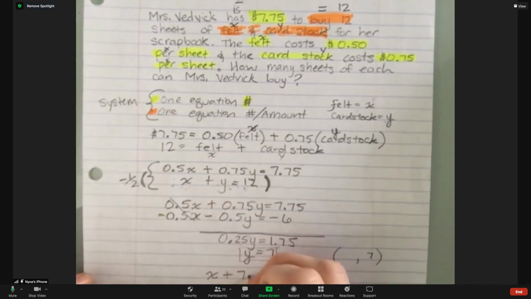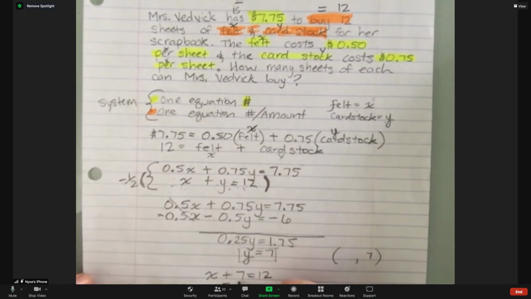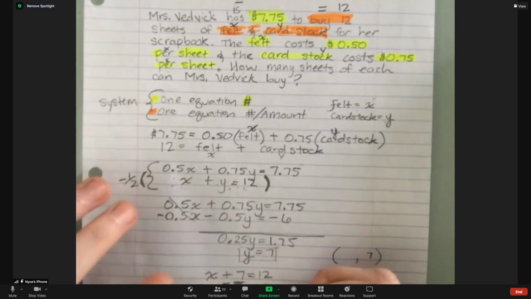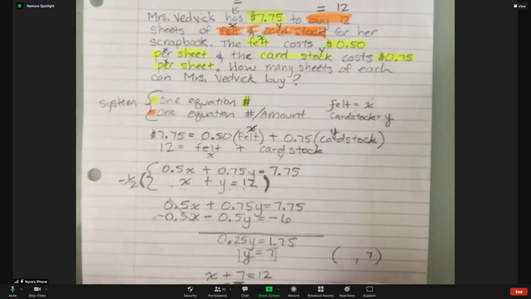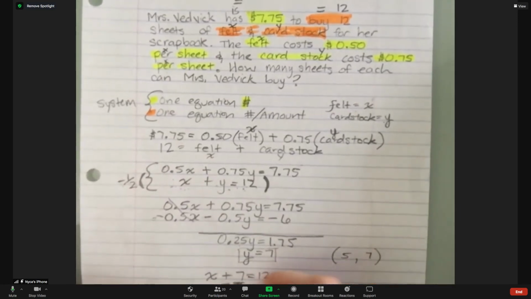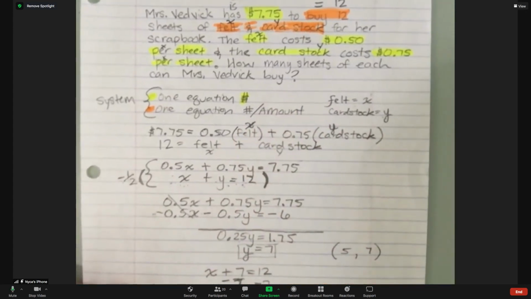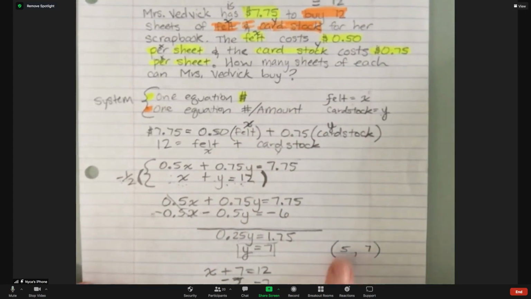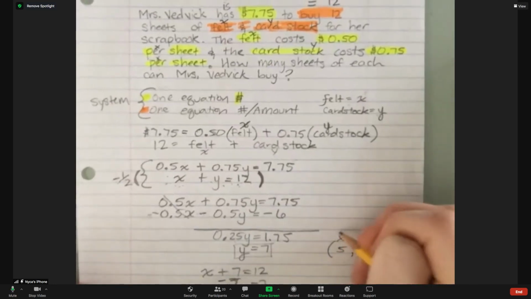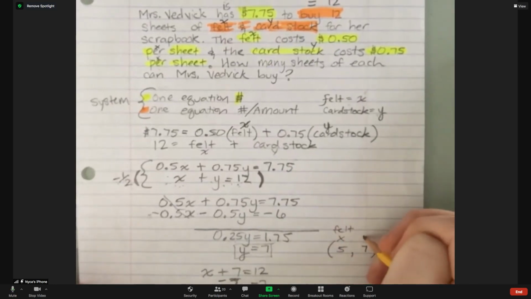X plus 7 equals 12, minus 7 minus 7. X then, how many are left? 7, 8, 9, 10, 11, 12. You have 5 left. You're not done. You have to now answer the question, how many sheets of each can Mrs. Bevan buy? My X was felt and my Y is cardstock.